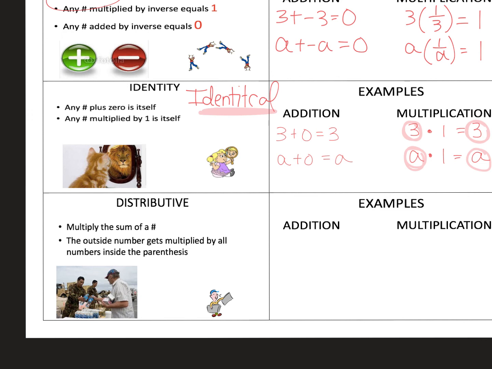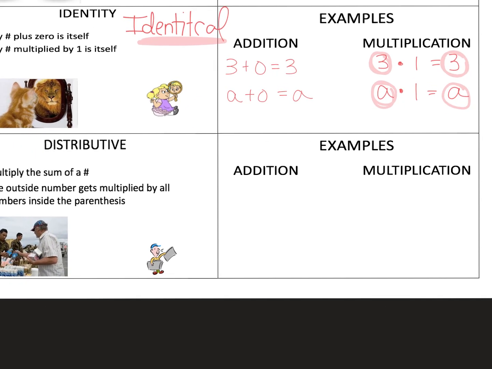Now, the distributive property is only multiplication over addition, so we really don't need both of these words. I'm pretty sure you recognize the distributive property from last year, but just in case you didn't, it could look like this, 3 times 4 plus 3 times 5. We're multiplying this outside number by both parts.